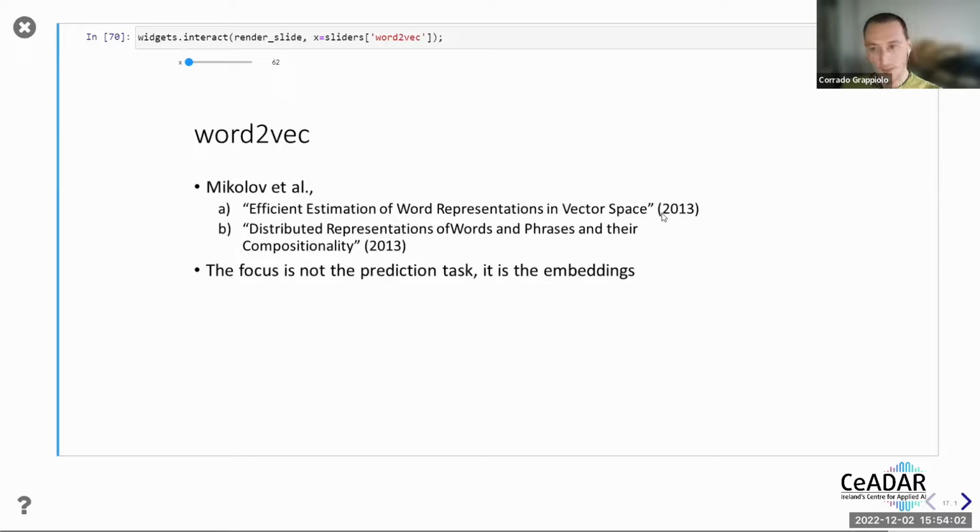The second of these two works is basically an improvement of an approach defined in the first. The focus was to create a language model, to predict a word given a context. But the focus of the whole work was not on predicting the next word, but just on creating these embeddings.